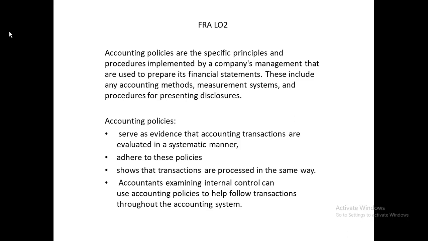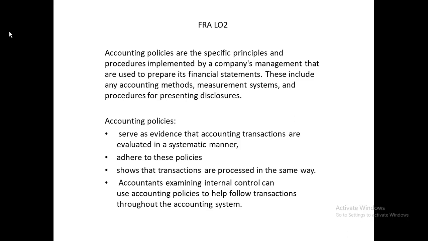For example, let's look at depreciation. A company can set the rate of depreciation for its vehicles at 10% using the diminishing balance method, yet others can set at 10% using the straight line method.